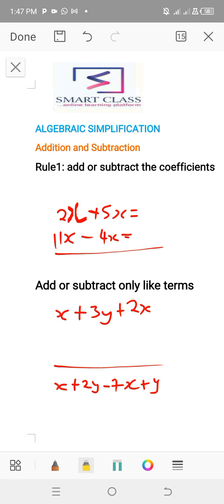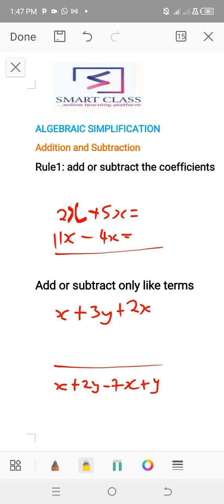If you write 2x, the coefficient of x in 2x is 2. Then if you write 5x, the coefficient of x in 5x is 5. So when you are doing addition and subtraction, you only concentrate on the figures, that is the coefficient.